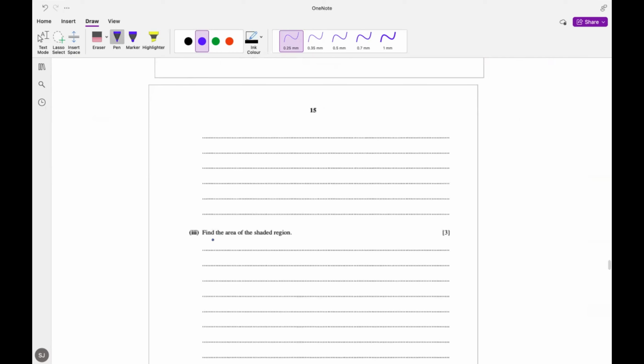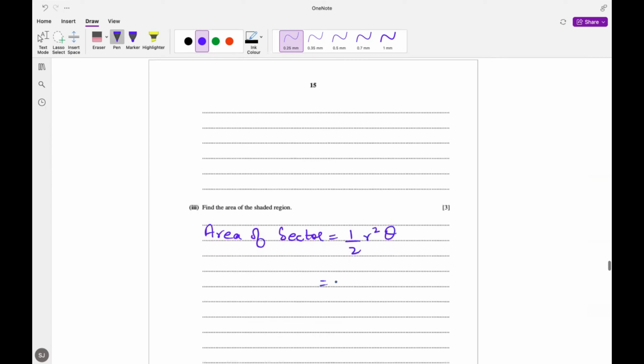So to find the area of a sector, we know the formula is half r squared theta. We know that the radius will be square root of 40. So square root of 40 whole squared multiplied by 2.498, so 2.498 times square root of 40 squared divided by 2.